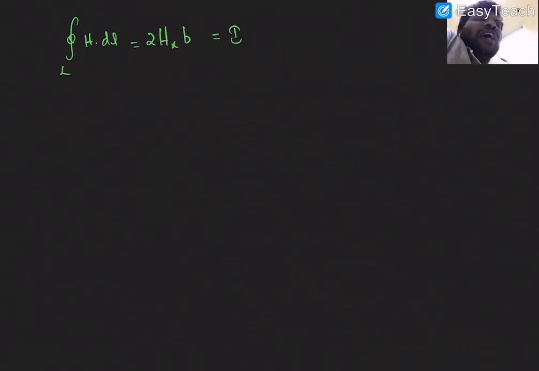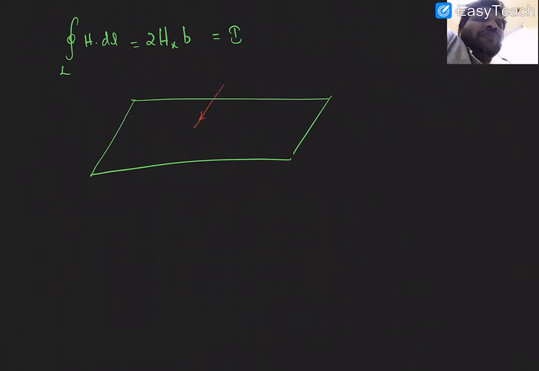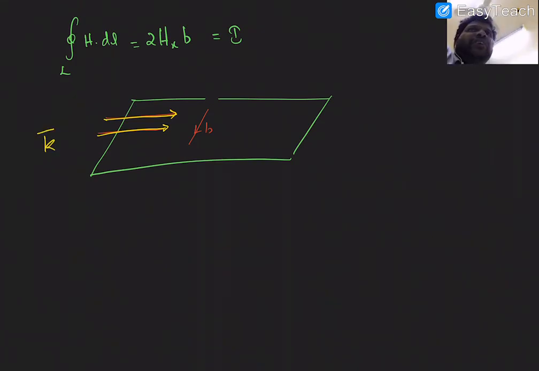Now we have the current density. You should know that we have taken this length B from the sheet which is carrying current. Here this is the current element, the current is in this direction, and the current density is K equal to Ky into ay.